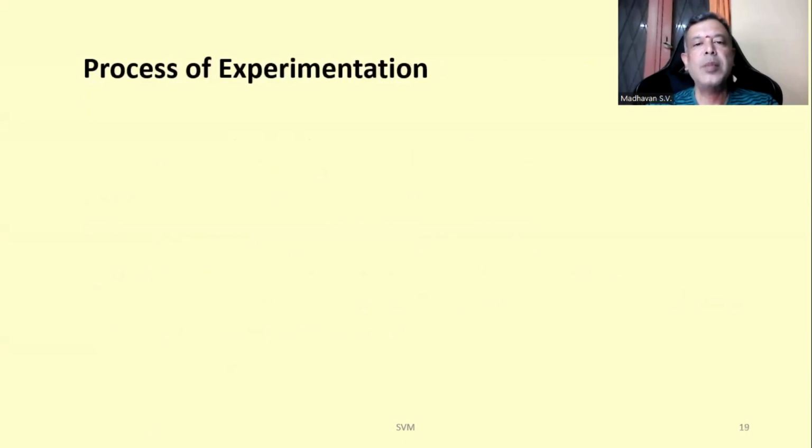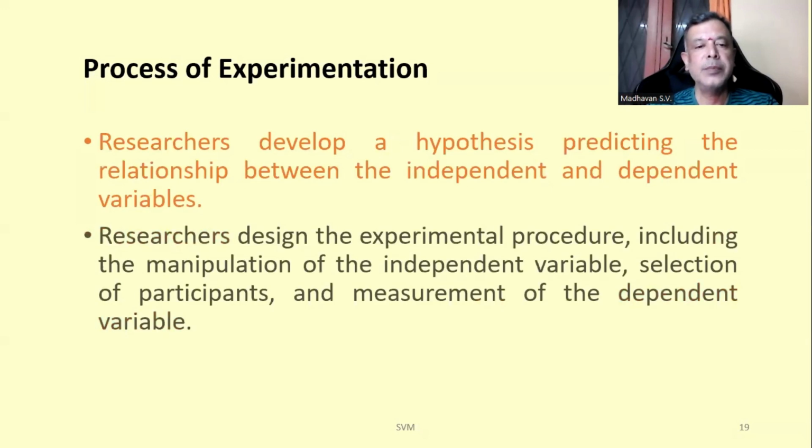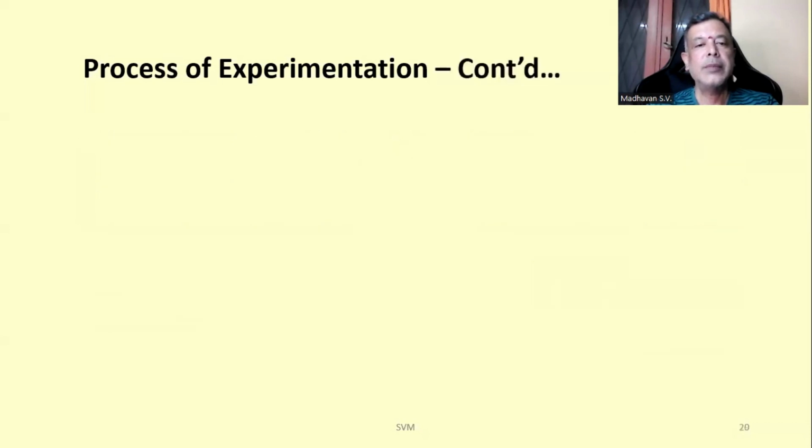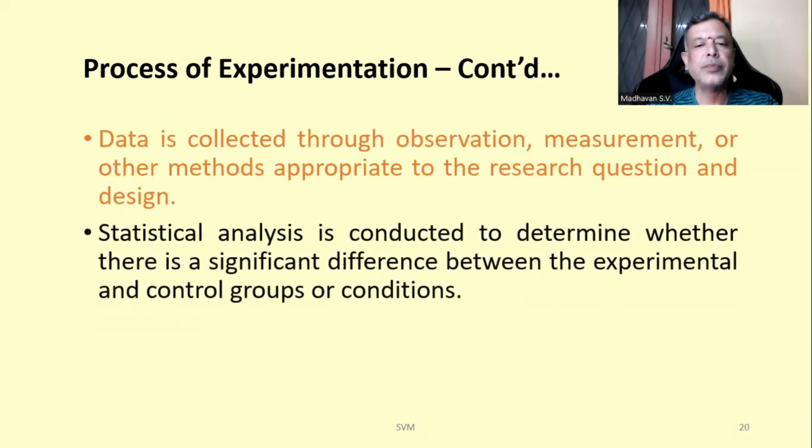Then how do we proceed with the process of experimentation? Researchers first develop a hypothesis, assuming a certain relationship between independent and dependent variables. Then they design the experimental procedure, including the manipulation of the independent variable, selection of participants, and measurement of the dependent variable. All these things are designed or decided in advance. Then data is collected through observation, measurement, or methods appropriate to the research question and design.